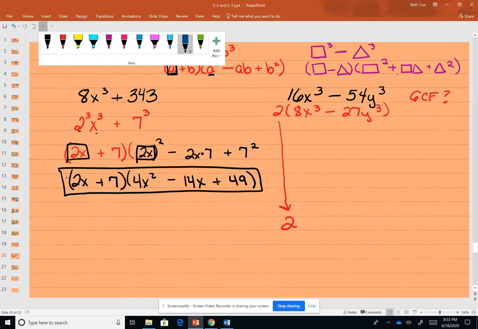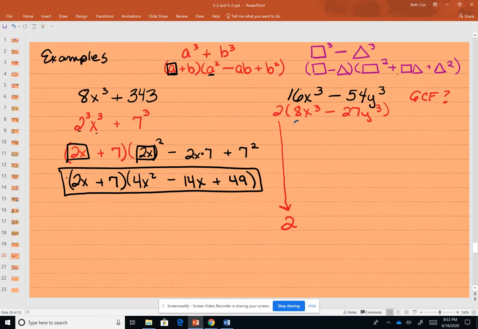Now the 8 is on my list. That's 2 to the third, x to the third, and 27 is 3 to the third, y to the third. So in my box is 2x, and in my triangle, 3y. So it's 2x minus 3y.